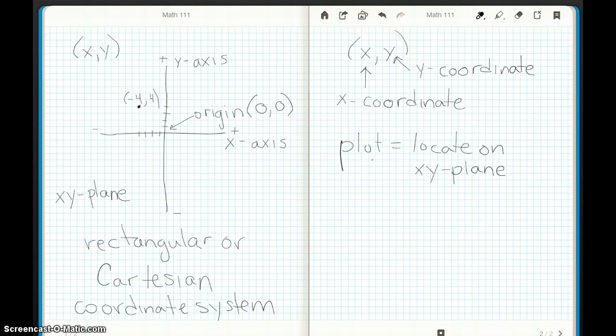Good. So let's just describe what points look like that are located on the x-axis and the y-axis specifically. So notice that any points that are actually on the x-axis are located by only moving from the origin horizontally, either to the right or to the left. There is no vertical movement to move off of the x-axis here, right?